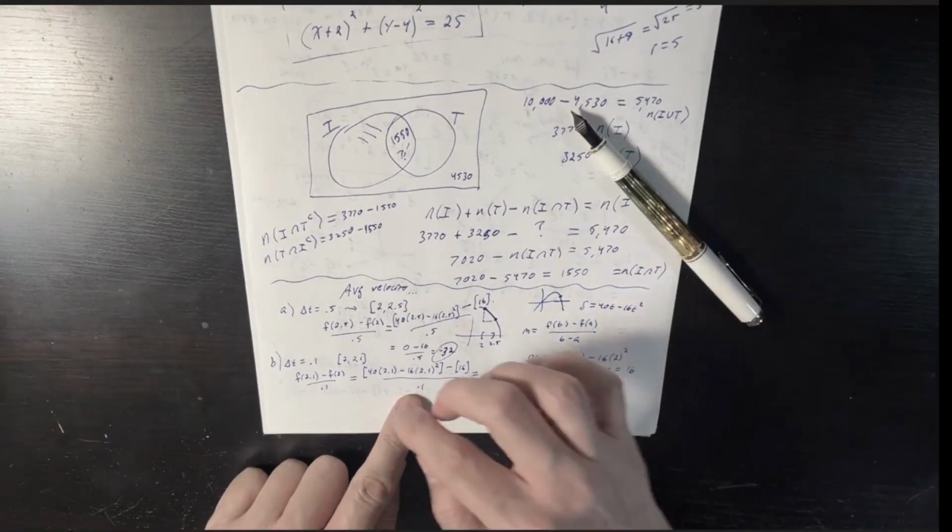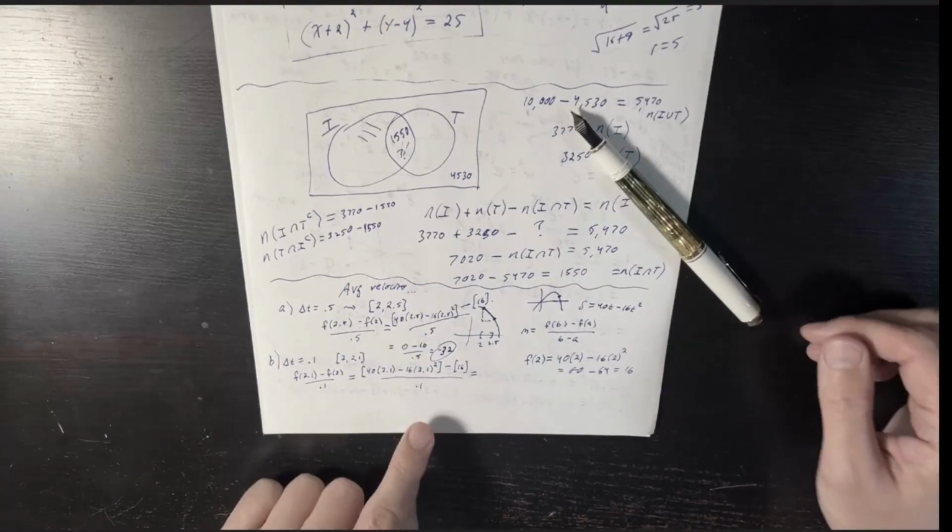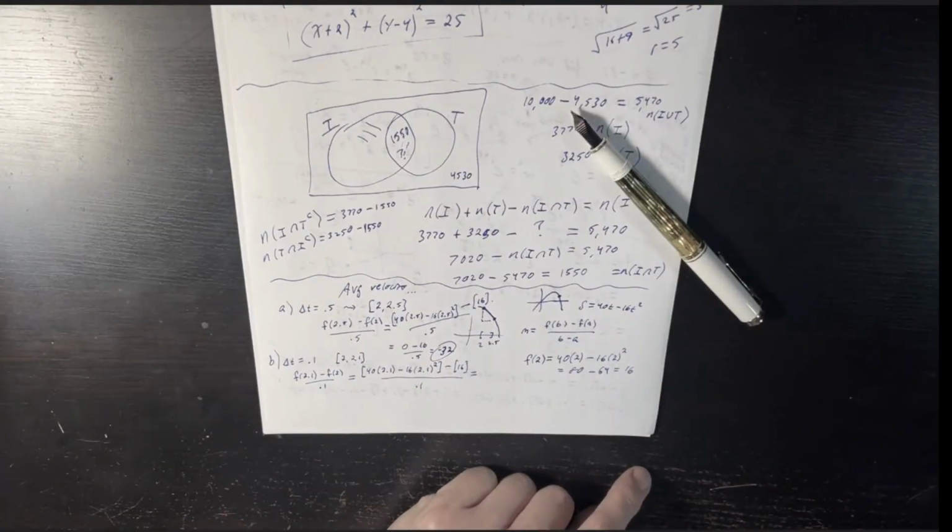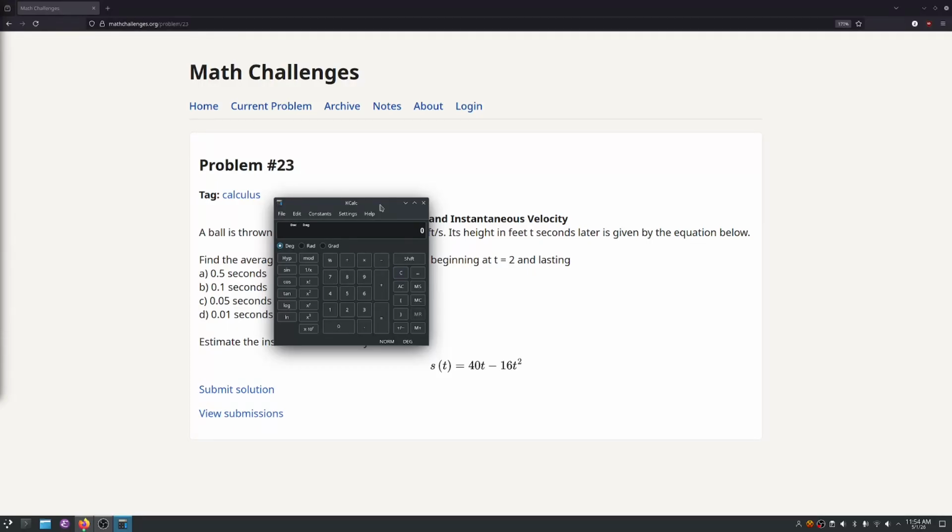So we'll get 10 times whatever this works out to be. So 2.1 squared times 16. That's the thing we're subtracting. 40 times 2.1 is like 80.4, right?